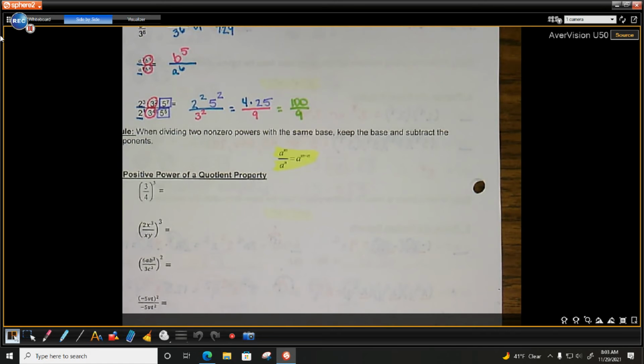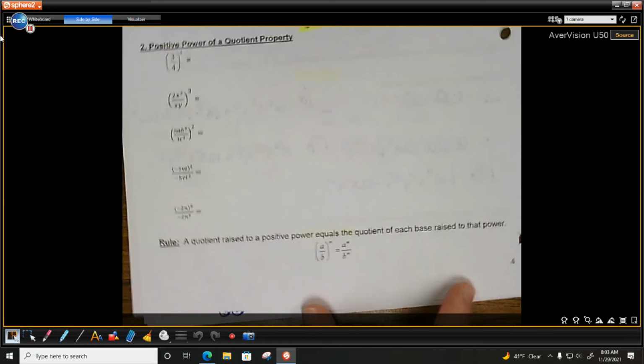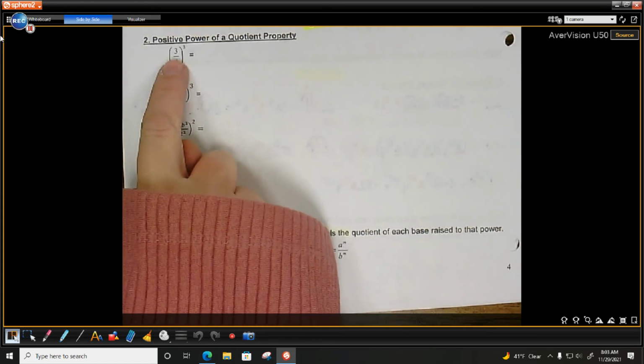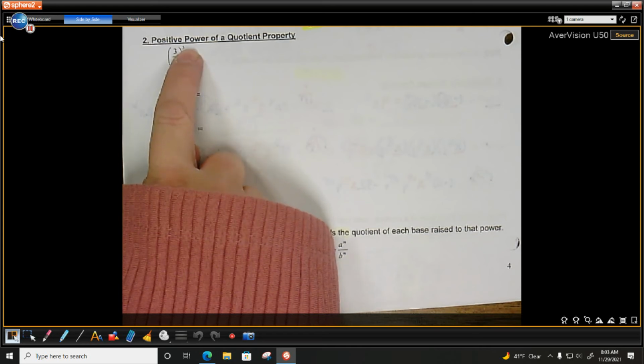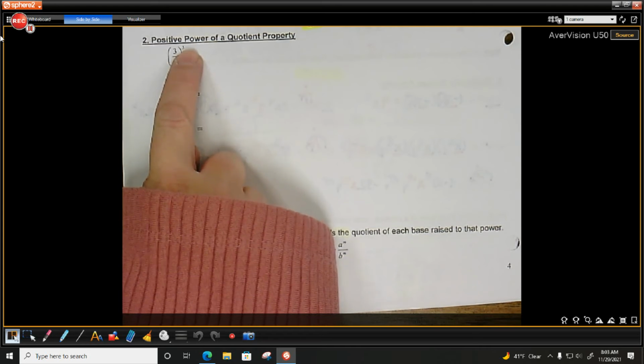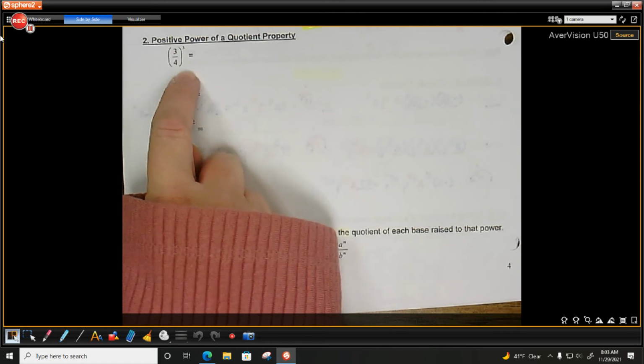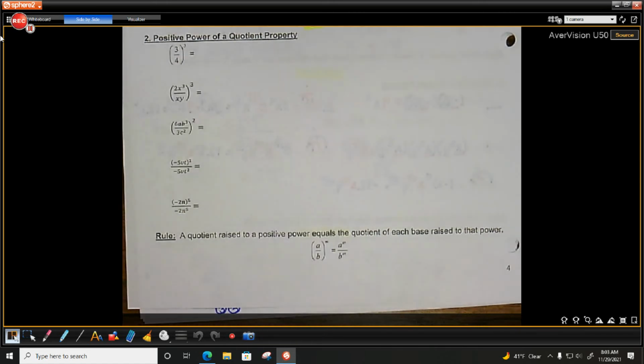Okay, now the last property is essentially what we've already done. When you have multiple bases in the parentheses, what do you need to do? Raise everything to the exponent, the power, okay? It's just that now in the parentheses we have a fraction instead of a whole number. So, your 3 doesn't have an exponent, does it? Put a 1 there.